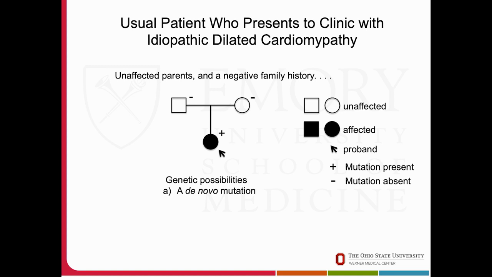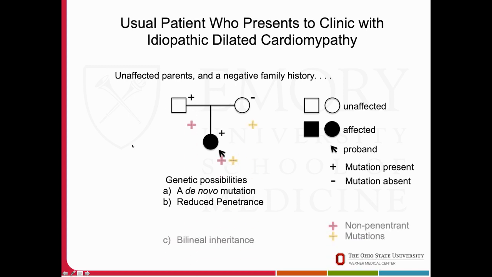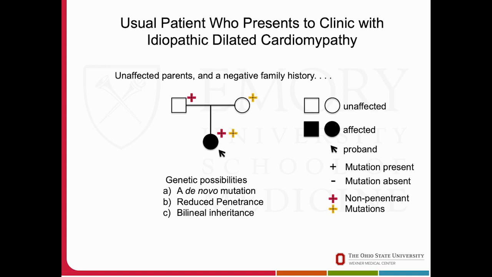It's plausible. Or that there's reduced penetrance. One of the parents has this mutation that we think is causing disease, but for whatever reason we don't see it. The other possibility is that there is bilineal inheritance, and each of these mutations or variants are not penetrant, but the combination of them do cause DCM.